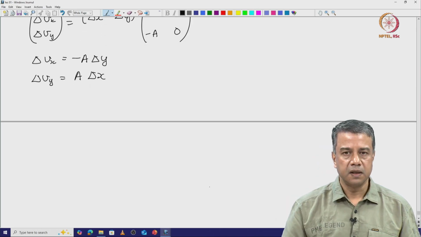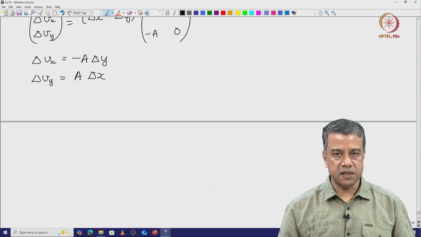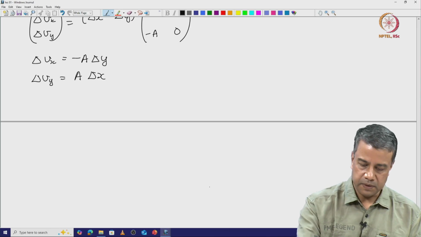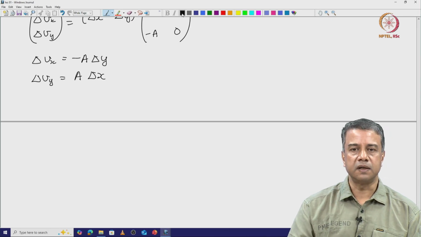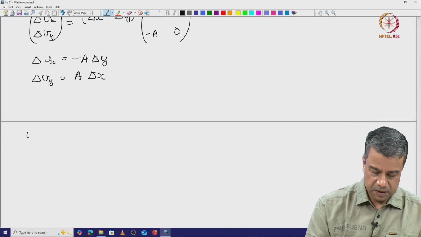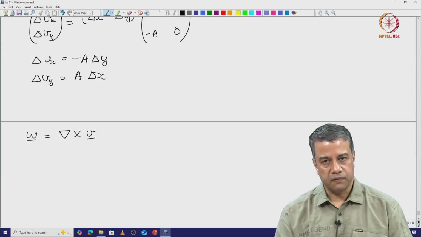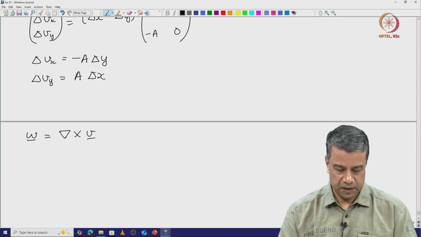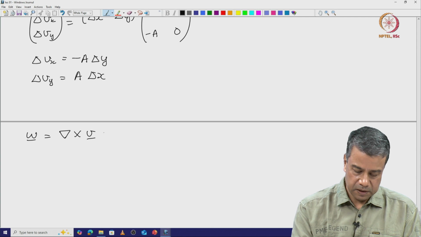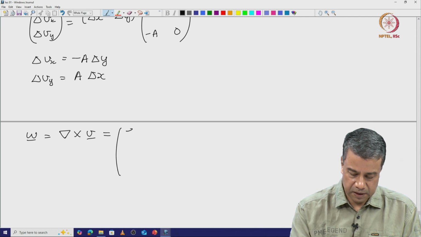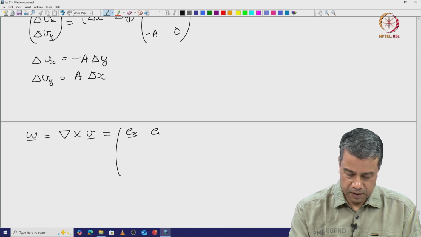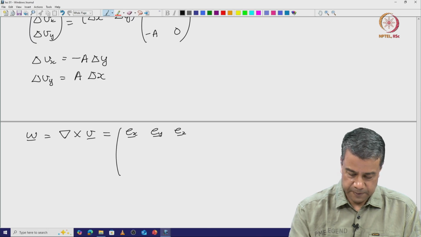And this antisymmetric part can be related to what is called the vorticity. We had briefly discussed that when we did vectors and tensors. The vorticity is equal to the curl of the velocity. How do we calculate that? We calculate that by taking the determinant of this matrix.